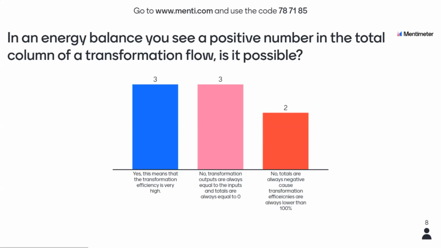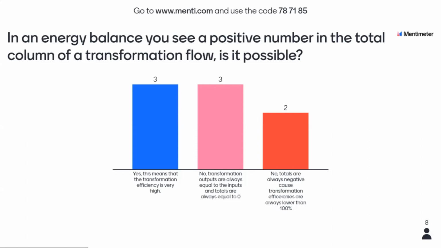But when you transform this to electricity, the electricity produced by the 100 megajoules of natural gas will be lower than 100 megajoules because you have losses. And so the efficiency is lower than 100%. This will cause the total column to be always negative. But we'll see that more in detail later.